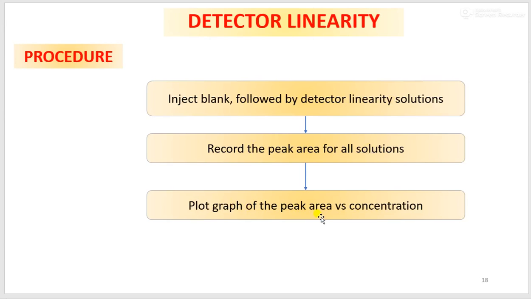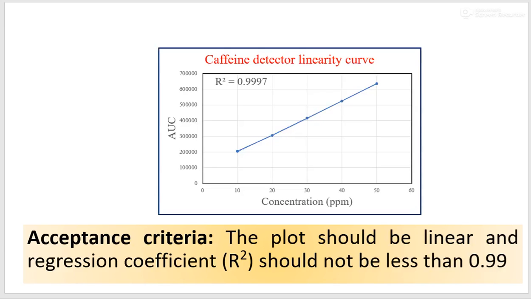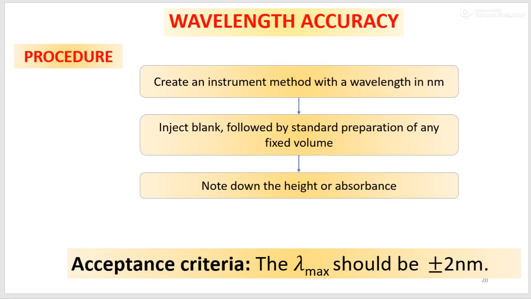For detector linearity, we plot peak area versus concentration, while in injector linearity, peak area versus volume injected is plotted. So what is the acceptance criteria? The plot of area under curve versus concentration should be linear and R square should not be less than 0.99.